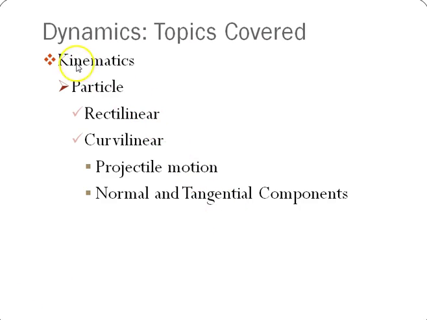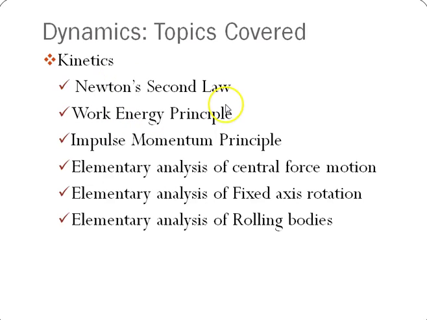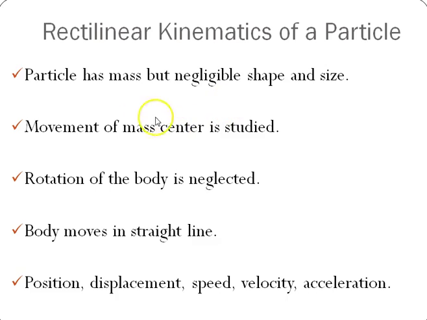In this lesson, we will initiate the topics of kinematics and begin with the study of rectilinear motion of a particle. In this study, we will assume that the particle has a mass but negligible shape and size.